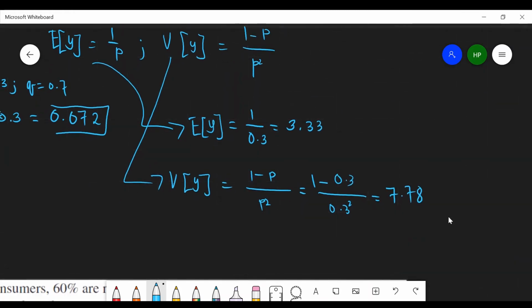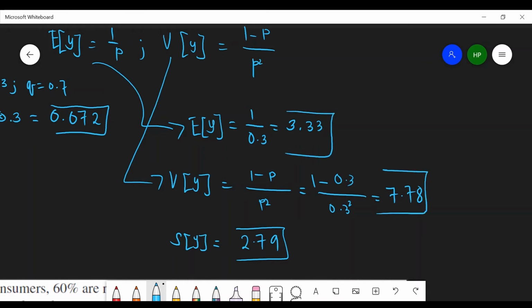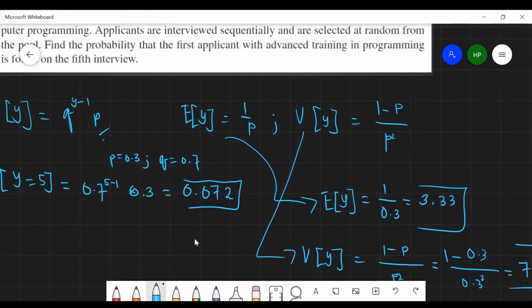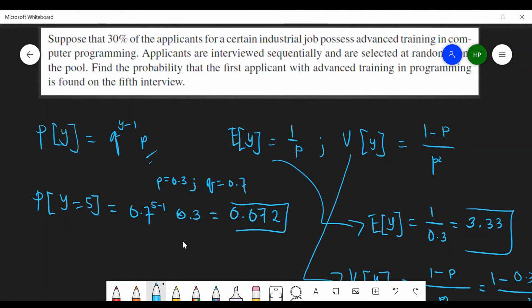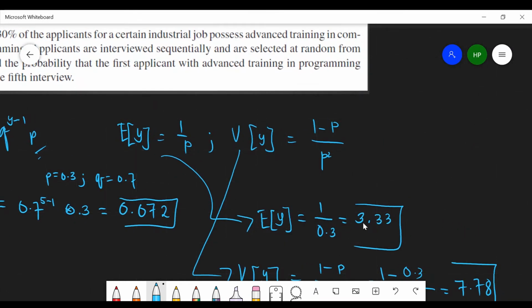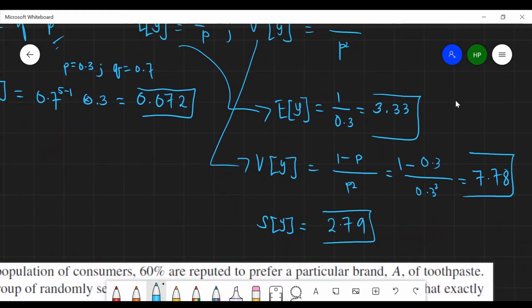Okay? And the standard deviation of Y equals what? Square root of the answer, 2.79. Okay? So, yan ang ating mga sagot. Mababa na yung probability na kailangan mo pa ng 5 kasi on the average, you only need 3. Okay? So, next.